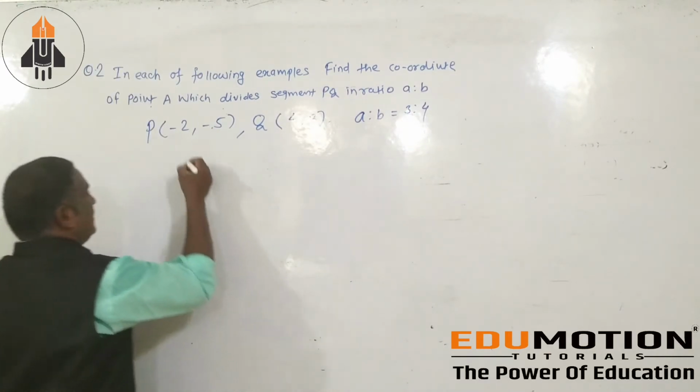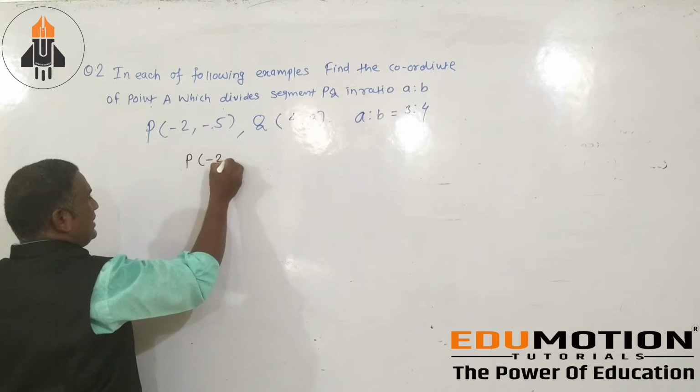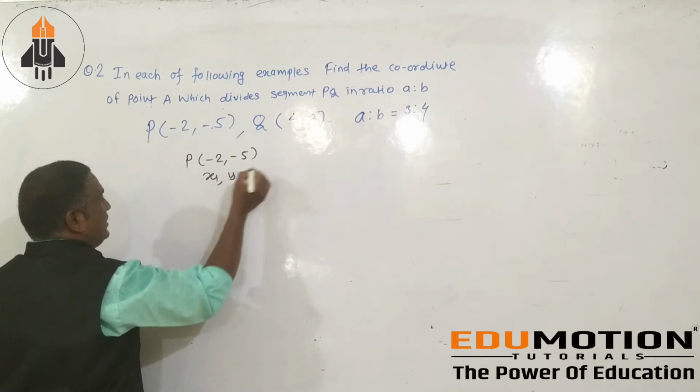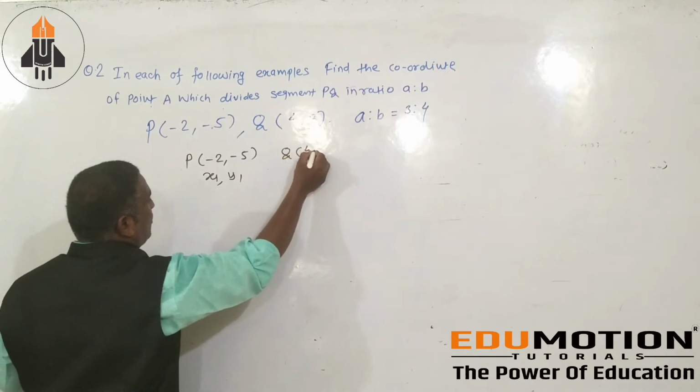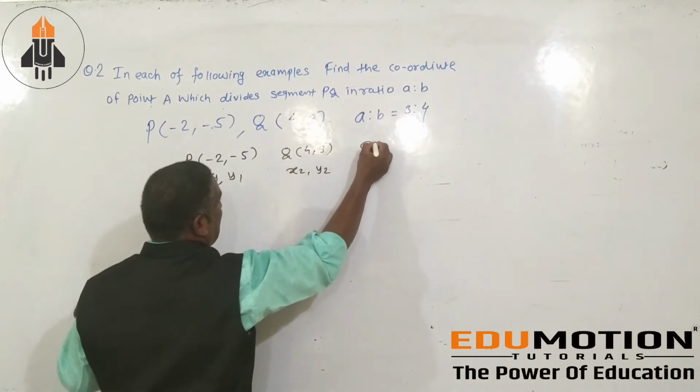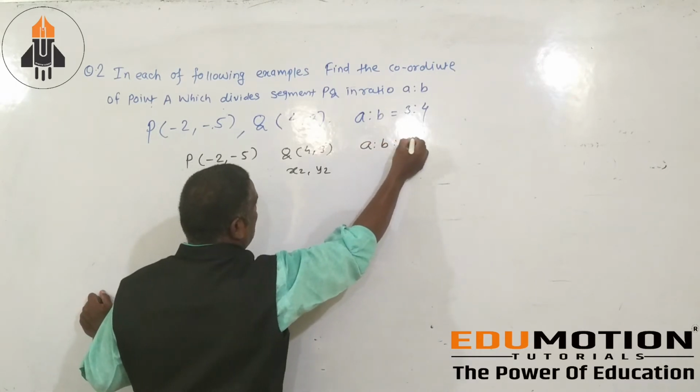Then P with coordinates minus 2 comma minus 5 is your x1, y1. Q with coordinates 4 comma 3 is your x2, y2. And a is to b, we write 3 is to 4.